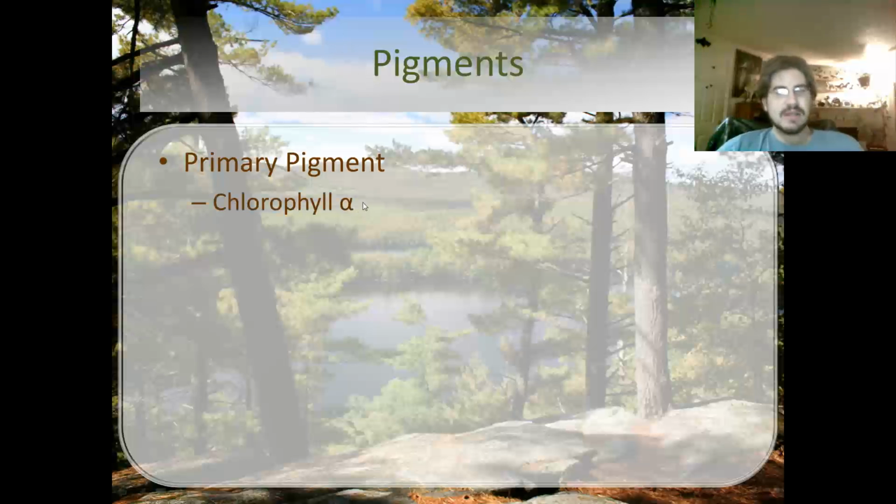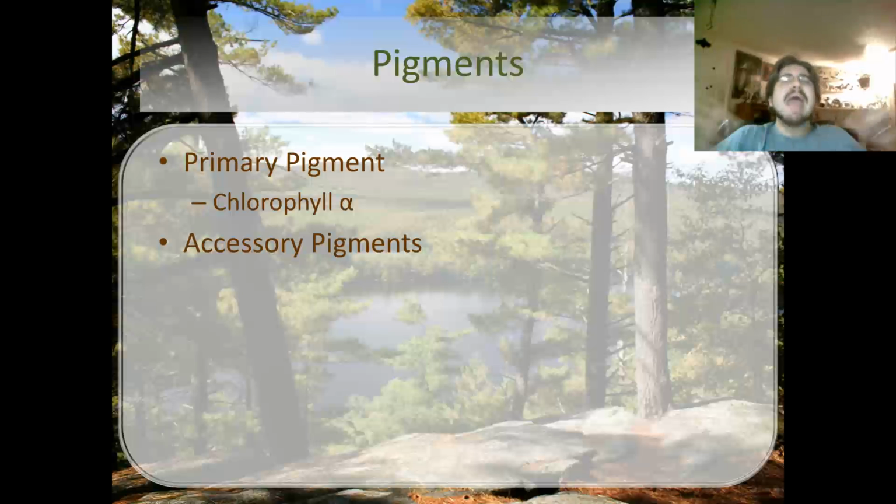So there's my little Greek alpha. So chlorophyll alpha is the primary photosynthetic pigment. In addition to chlorophyll alpha, there are a variety of other pigments whose job it is to expand on the wavelengths that chlorophyll alpha can absorb.